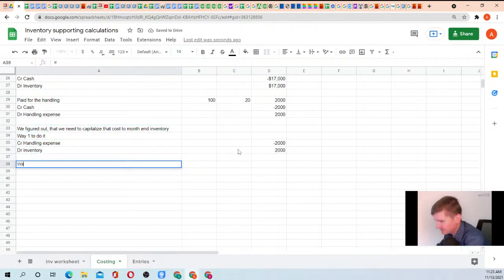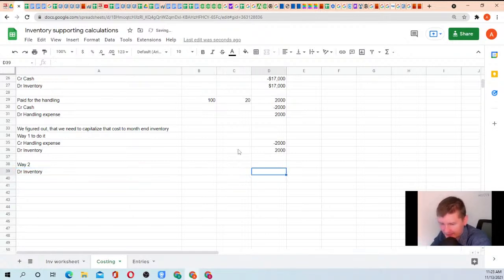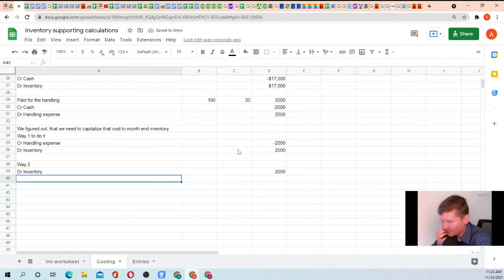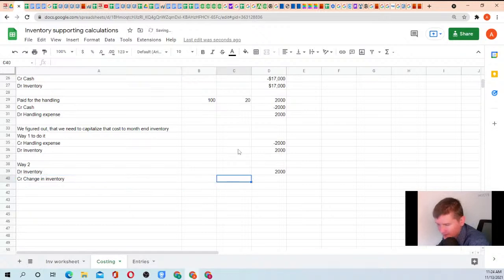Way two. We still debit inventory. We have to do that based on accounting standard. But instead of crediting handling, we will recognize a special account, change in inventory.